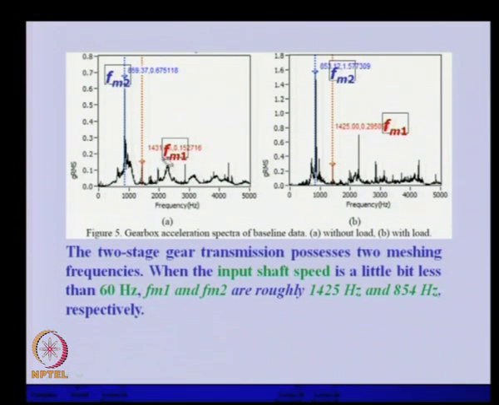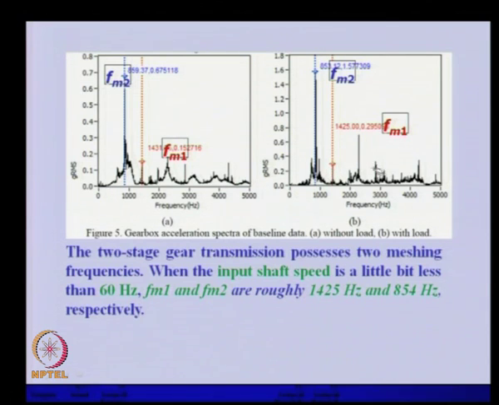You can see the first gear mesh frequency, there is a peak. For the second one there is a large peak. Here also the value is around 4 to 5, that means this is the first one, FM1, this one, red one, and this FM2 is this one, that is around 853.